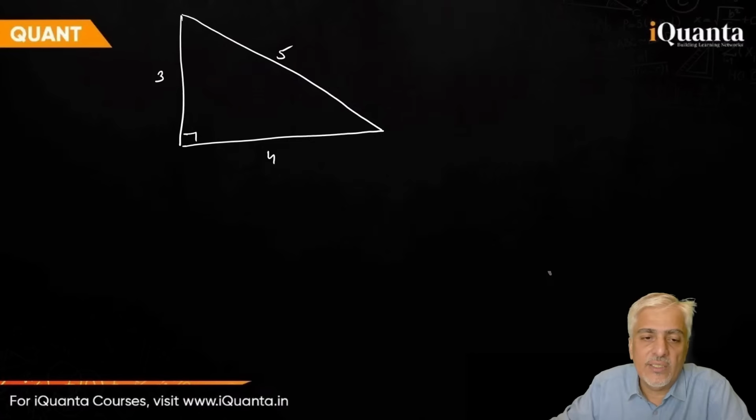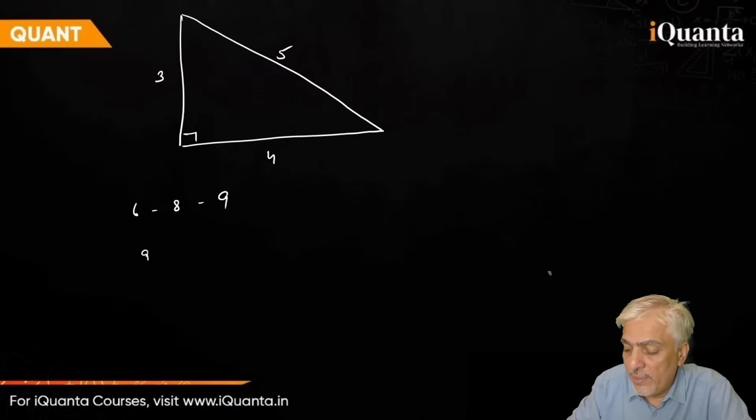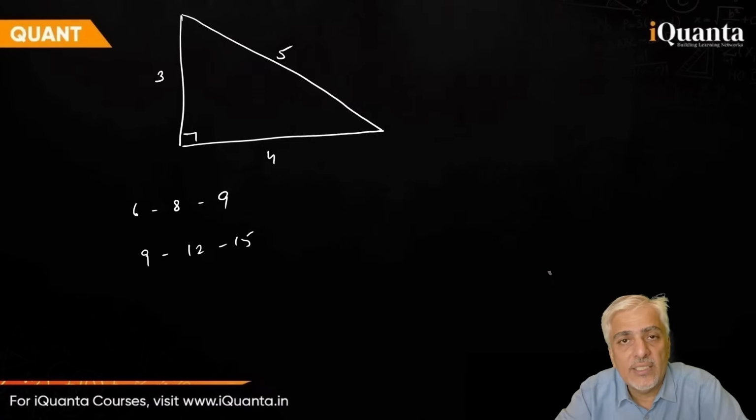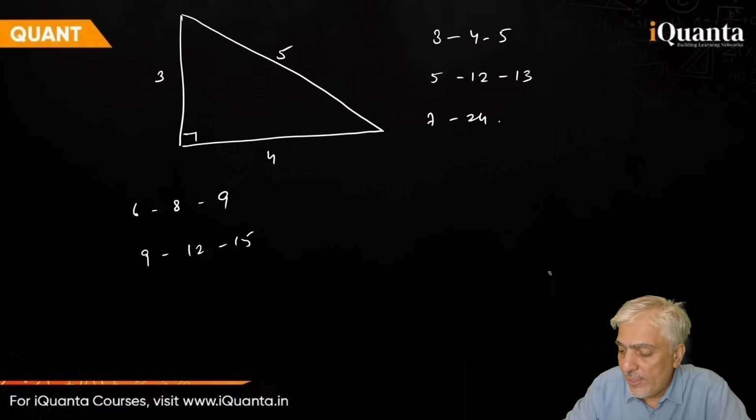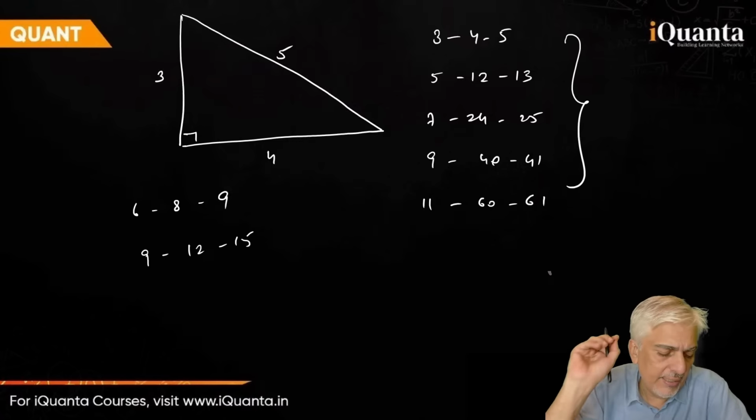That means either the sides are 3, 4, 5, 6, 8, 10, whatever, 9, 12, 15, and so on. Obviously, you should know the other triplets also. So 3, 4, 5 is one triplet, 5, 12, 13 is another triplet, 7, 24, 25, 9, 40, 41, 11, 60, 61, and so on. More are not needed.